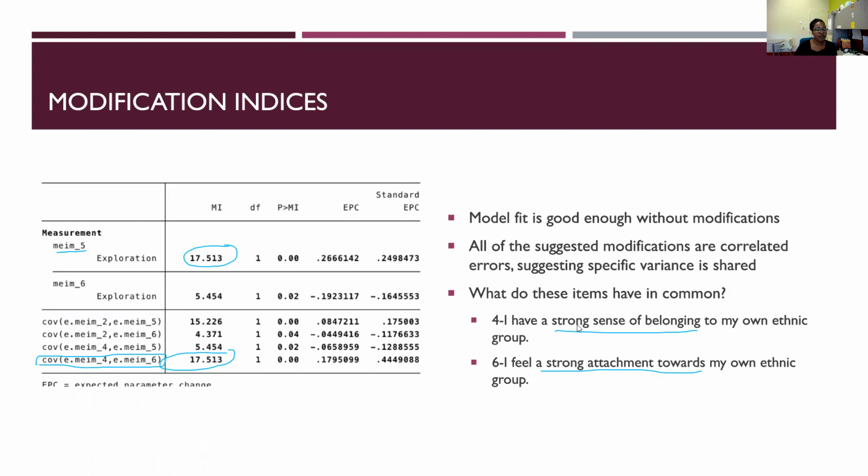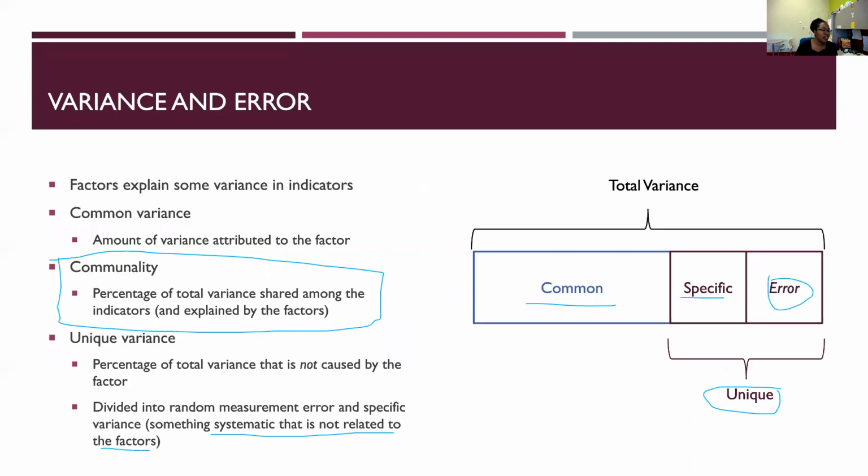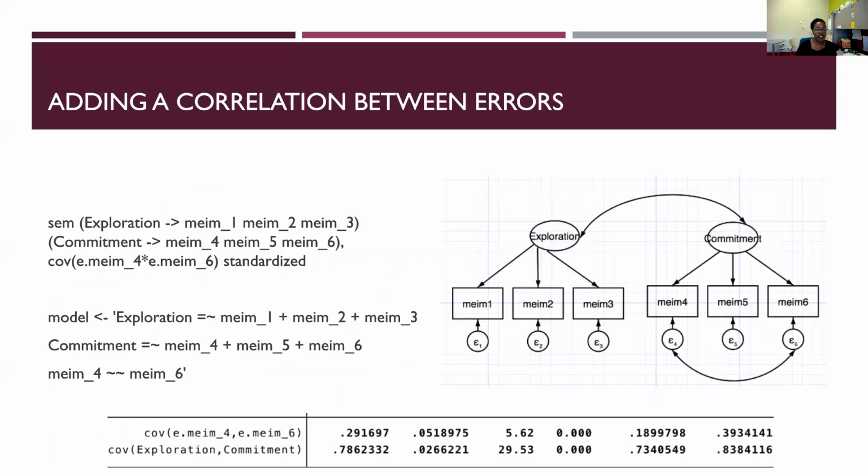There is some variance explained by these two that connects these two that's associated with the fact that they're both commitment items, but there's an additional set of variance that's explained by the fact that they are so similar in wording. And yes, in general, you want to avoid this kind of thing, but it's allowable. And in this case, we have a good reason to allow it.